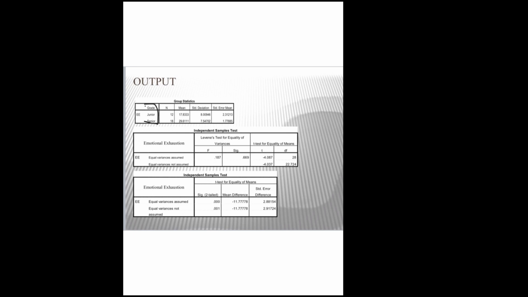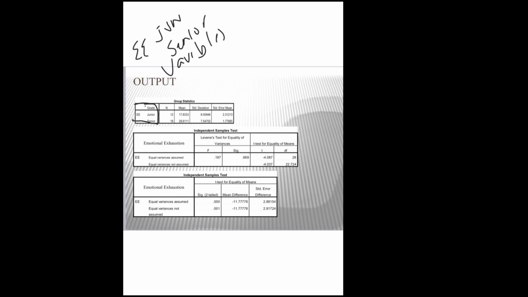These three right here, where it says EE, which is emotional exhaustion, junior, and senior, are your variables.